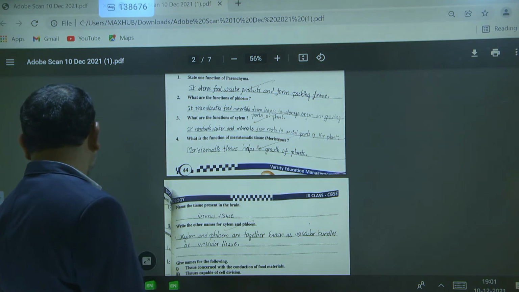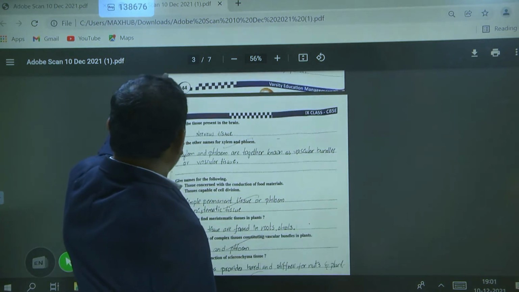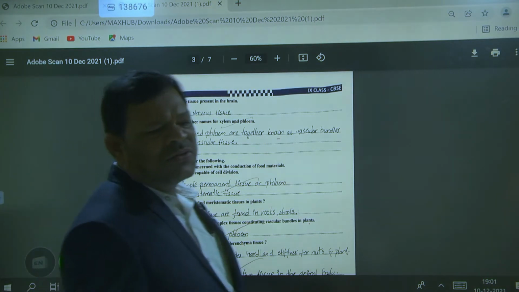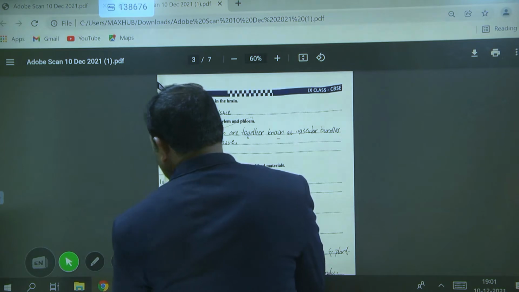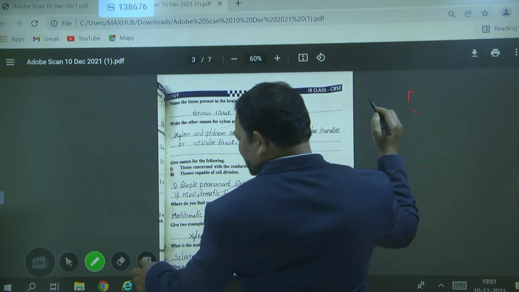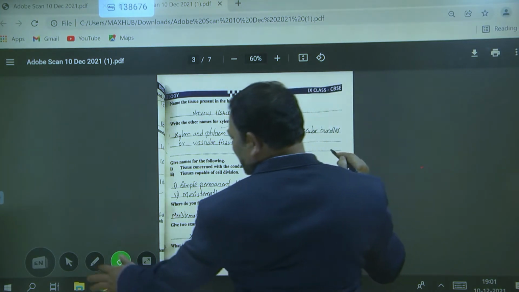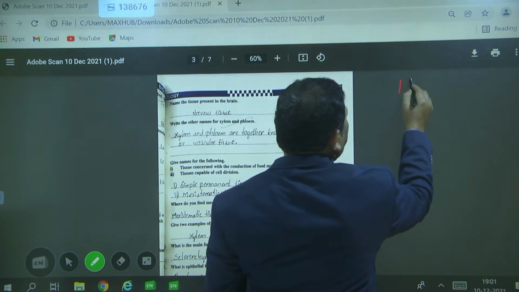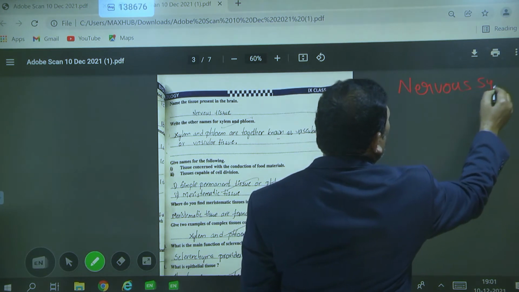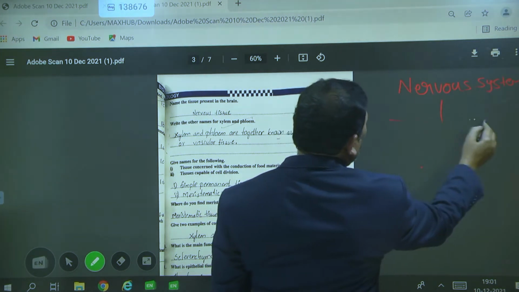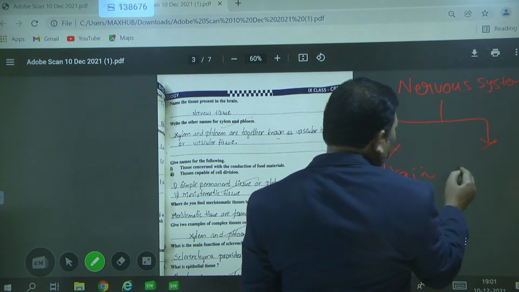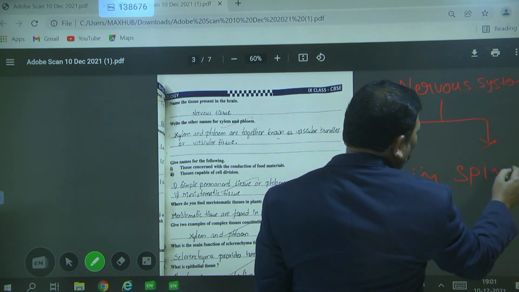Next question. Name the tissue present in the brain. You already know very well. In the nervous system, which we have already discussed, brain and spinal cord are present.